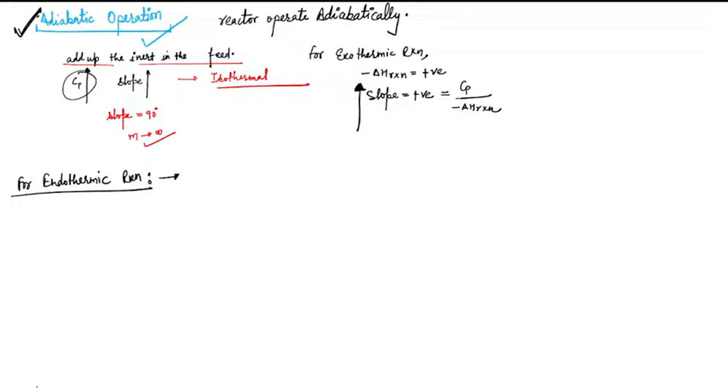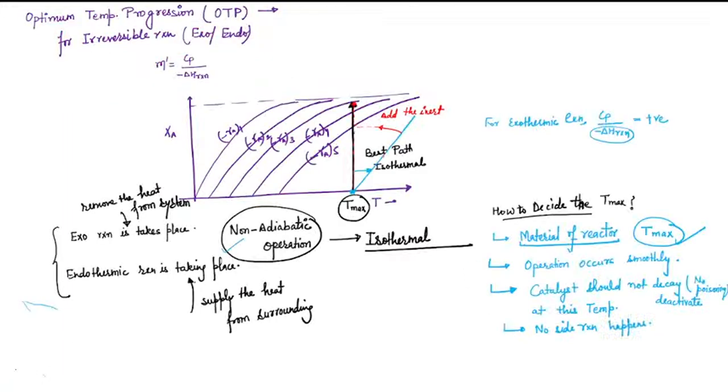So what will happen again, sir? That is for an exothermic reaction. If an endothermic reaction takes place, the slope will be negative. Slope m prime is greater than 0 for exothermic, and m prime is less than 0 for endothermic reaction.